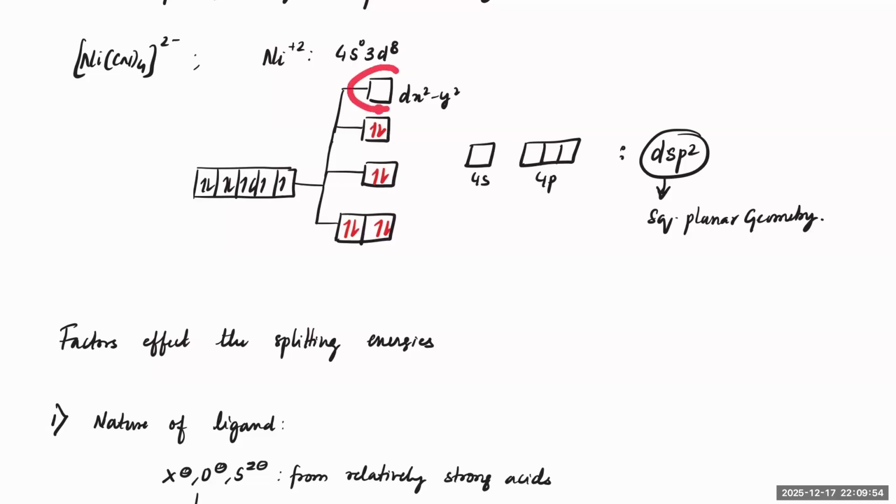Now you have one orbital left that will be used for hybridization, and that's how you will get dsp2. In square planar, normally the CFSE value is not asked because delta 1, delta 2, delta 3 are not given. But otherwise, configuration is being asked, and hybridization is being asked in this case.